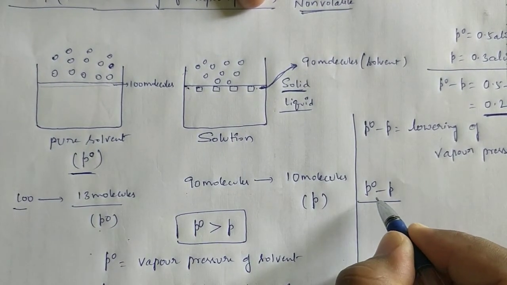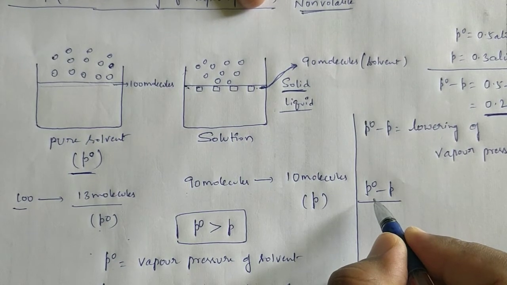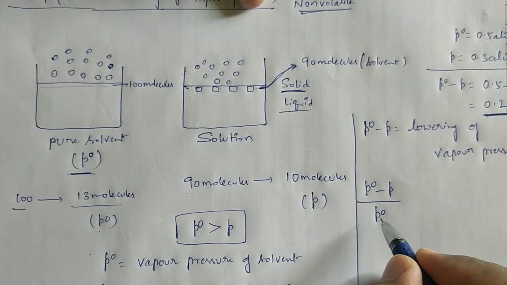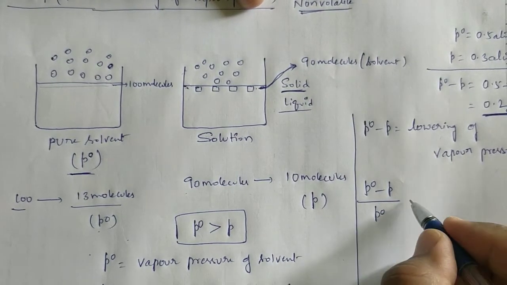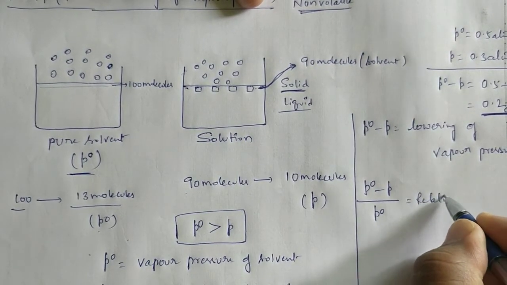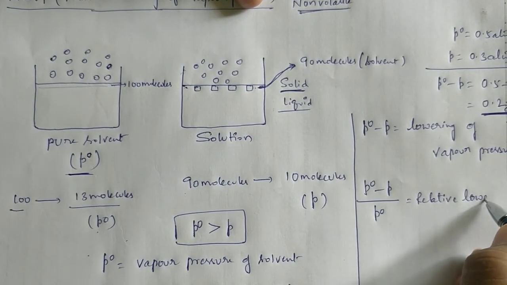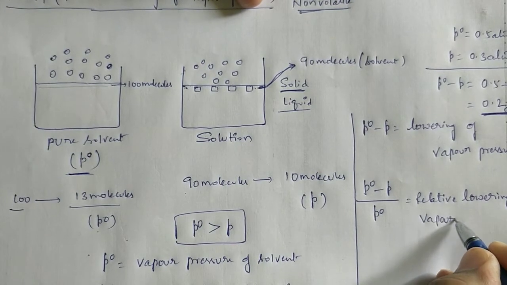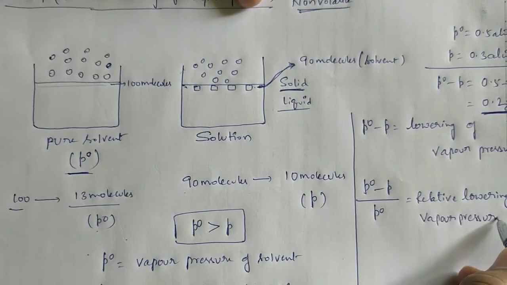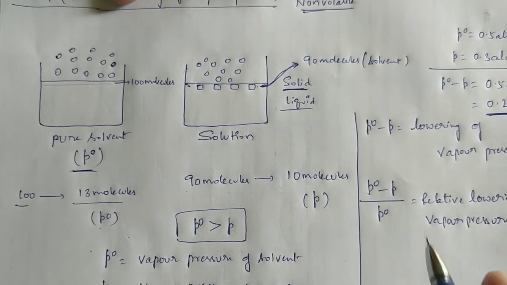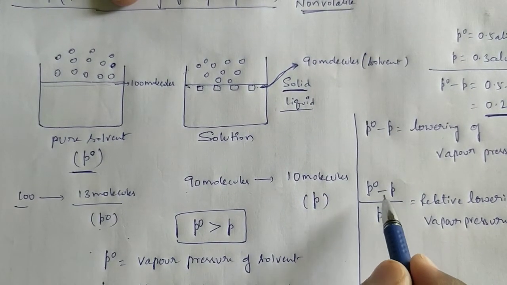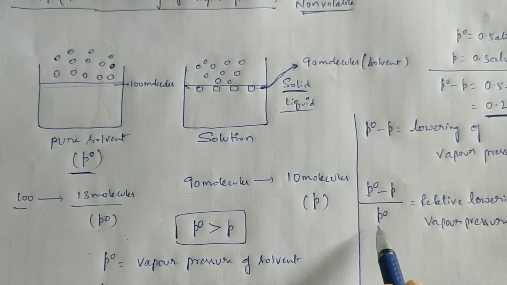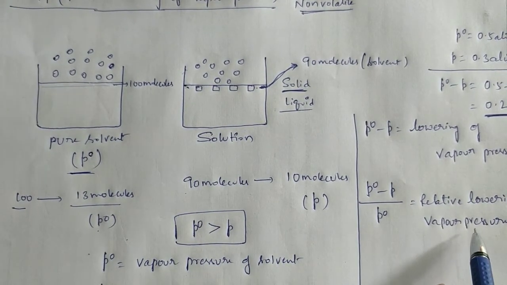This is called lowering of vapor pressure. How much the vapor pressure is lowered with respect to the vapor pressure of the solvent, that is called relative lowering of vapor pressure.